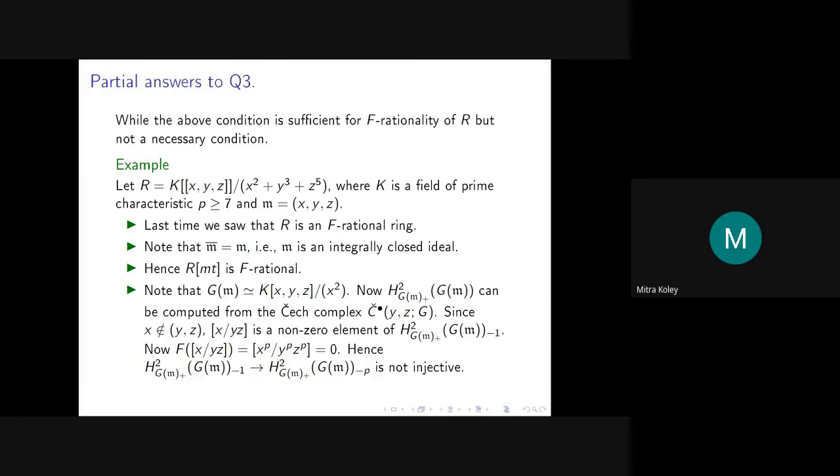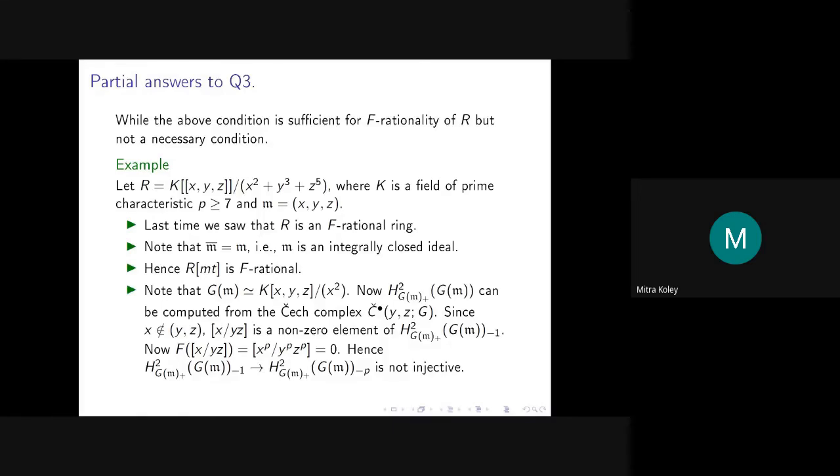Last time we saw that R is an F-rational ring and the integral closure of m, m bar, is m itself. Hence, by the two-dimensional case, the Rees algebra is F-rational.